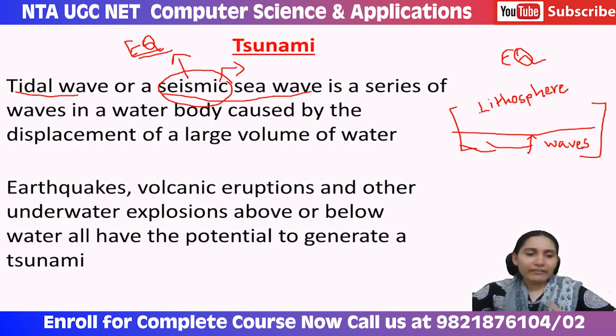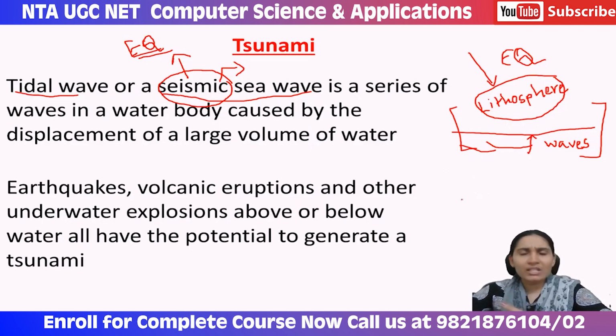We have discussed lithosphere, atmosphere and hydrosphere. Try to recollect that. So earthquake is the sudden movement of the plates on the lithosphere. Similarly, the plates can also move on the hydrosphere. Now we know hydrosphere is the water bodies, mainly the oceans. So oceans and any other water body constitute the hydrosphere.